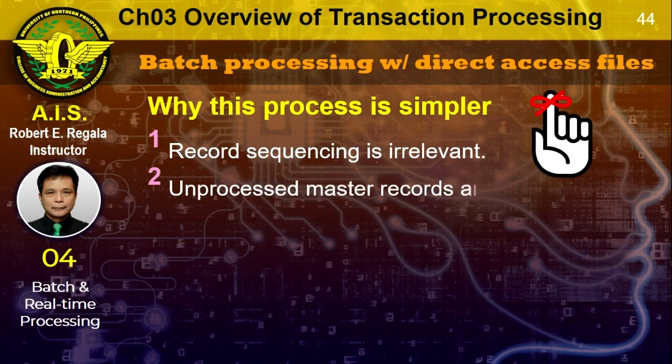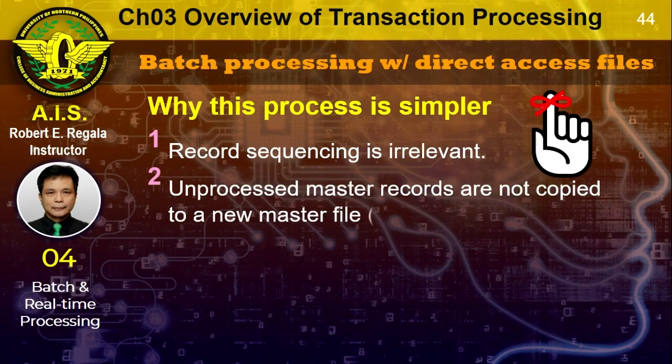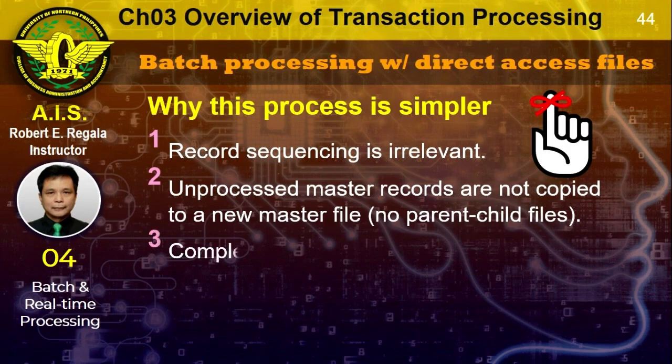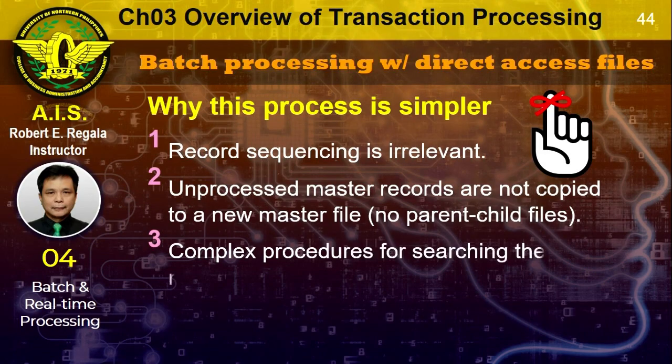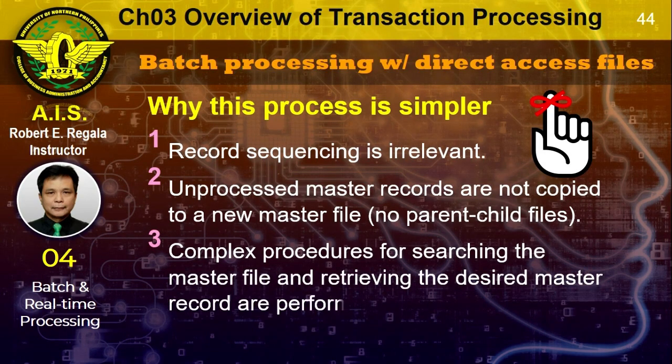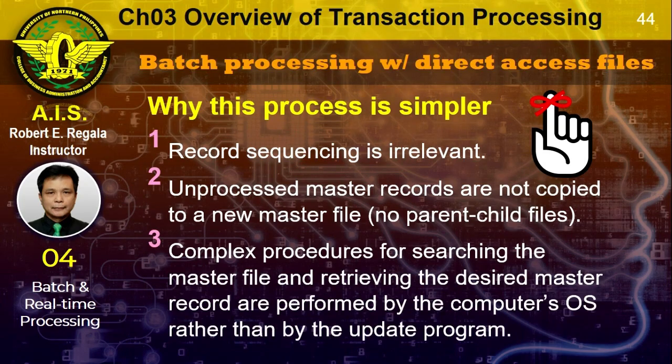Second, unprocessed master records are not copied to a new master file, saving time and other resources that otherwise would have been used by creating a copy of the master files. And third, complex procedures for searching the master file and retrieving the desired master records are performed by the computer operating system rather than by the update program.